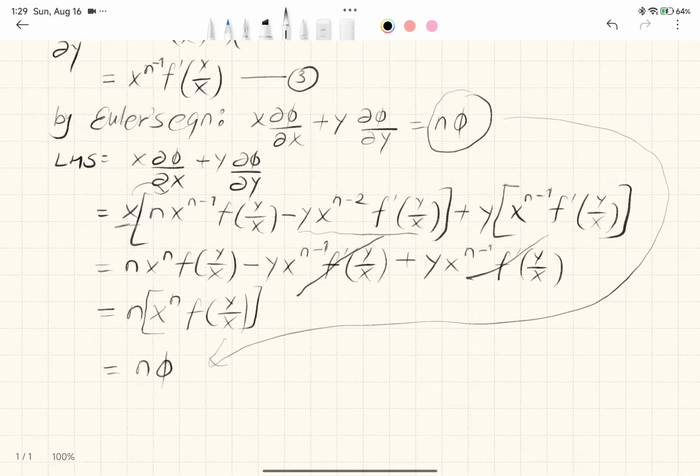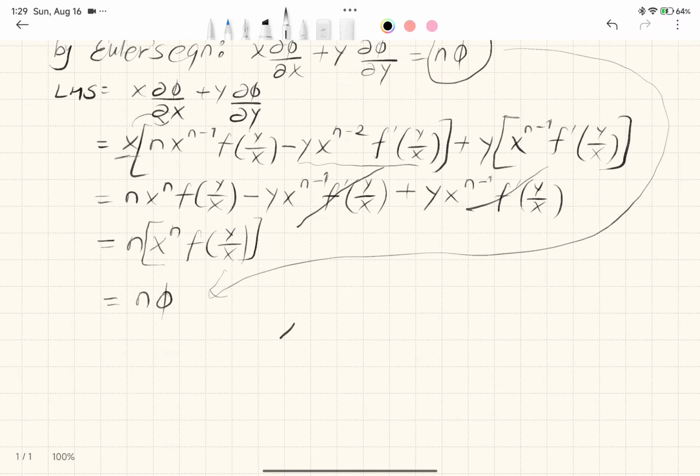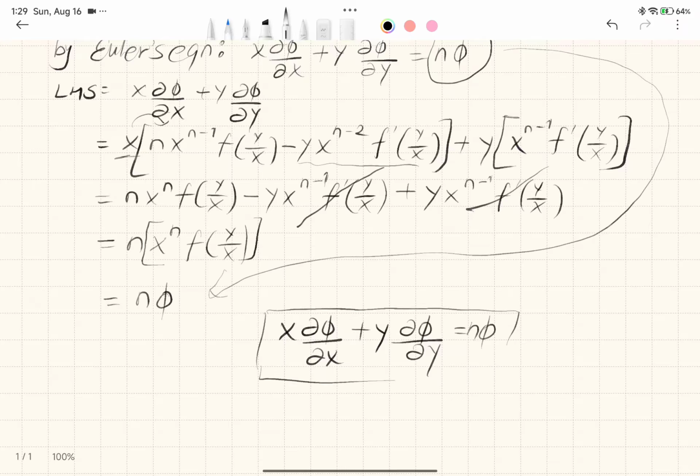So that's Euler's equation on homogeneous function: x partial phi over partial x plus y partial phi over partial y equals n times phi. This is our Euler's equation on homogeneous functions.